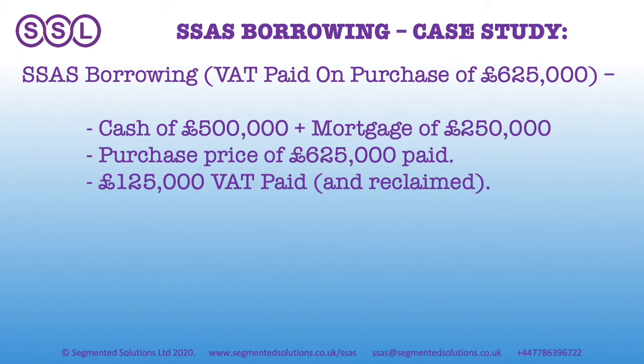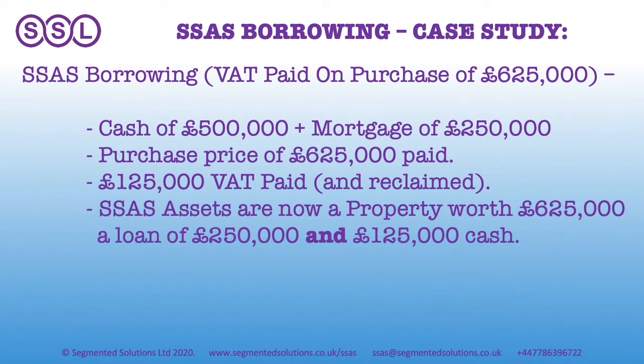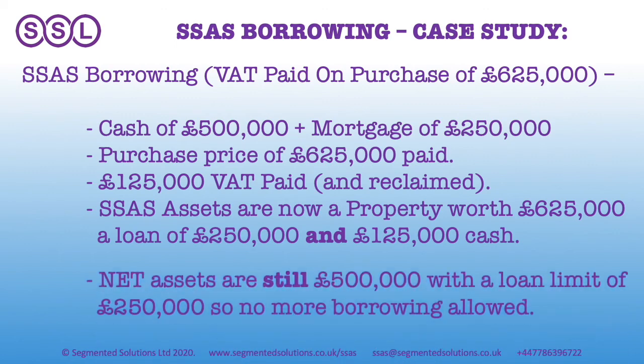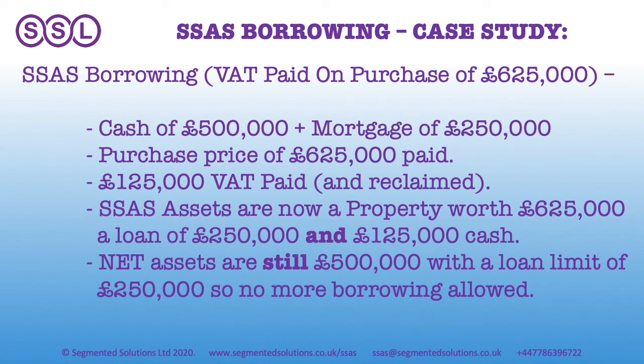It is also reclaimed later on, but for now it's paid. And the SSAS assets at the end of the day are the property worth 625,000, a loan of 250,000 and £125,000 in cash. The net assets of the SSAS are still 500,000 and therefore the loan limit is still 250,000 and so no more borrowing is allowed.